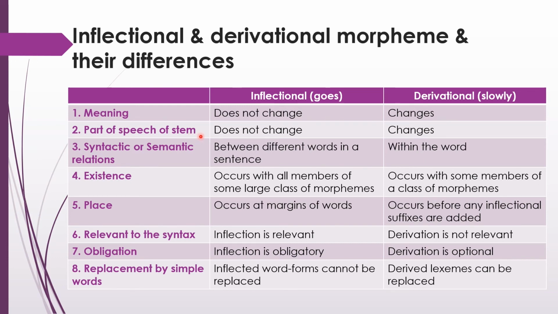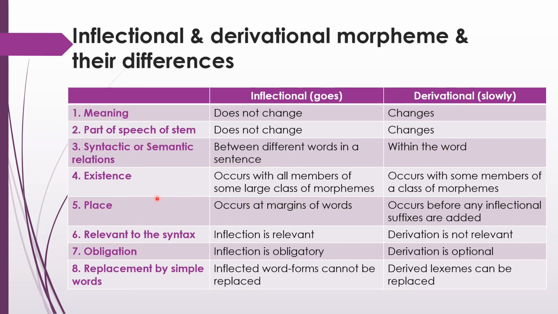Rather, derivational morpheme changes the part of speech of the stem. And the relationship: is there any syntactic or semantic relationship? Inflectional morpheme has a relationship between different words in a sentence, that's why we are saying that es in goes has a relationship with the noun and other parts of speech of a sentence. But derivational morpheme has the relationship within the word, therefore ly has a relationship within slowly. So that's why it is said to be within the word.